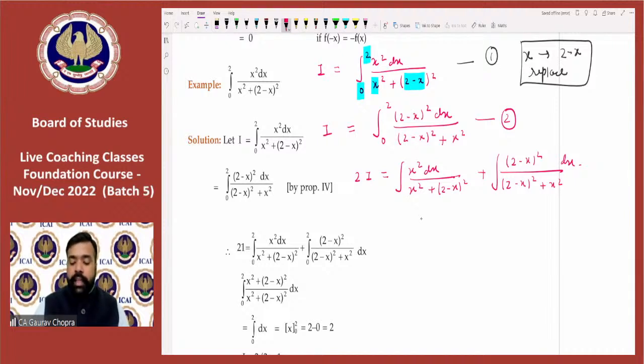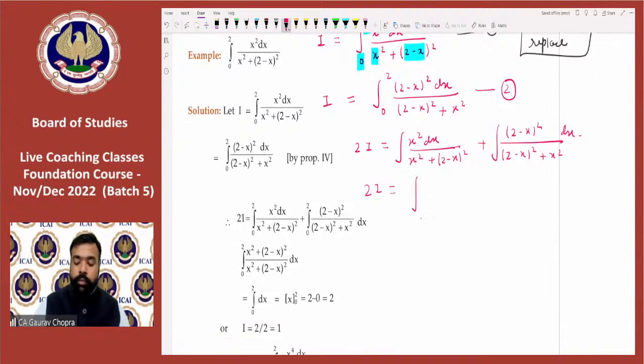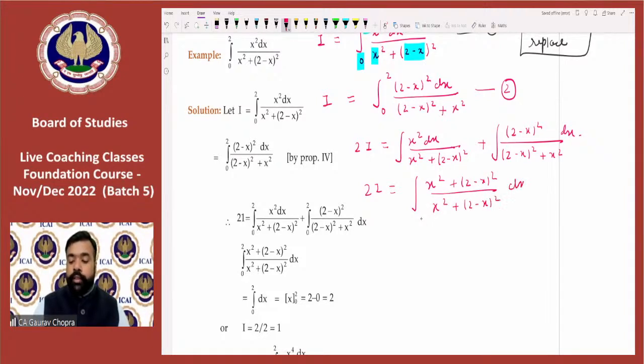Now, if we add them and see the result, some of the values will get cancelled. We can easily see that x square plus (2 minus x) whole square is available in the numerator and the same value is available in the denominator.